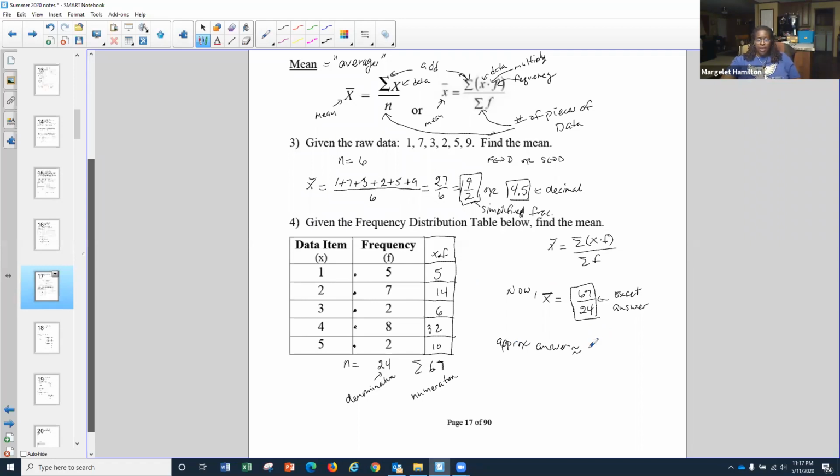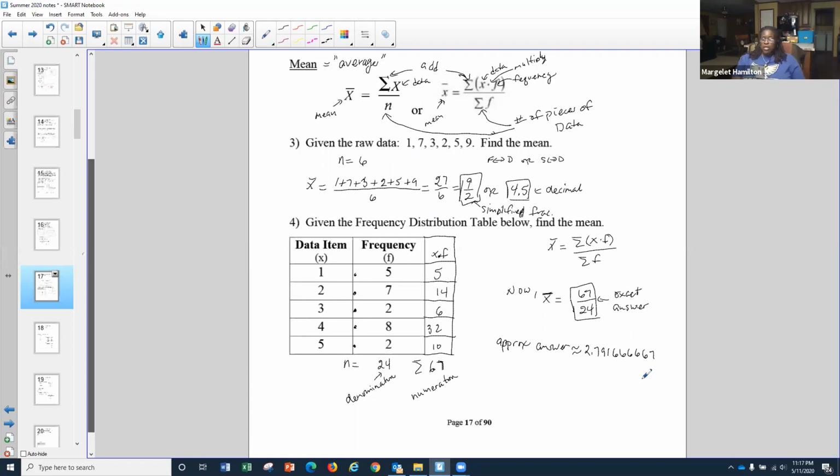And what comes out of my calculator is 2.791. And you verify with yours, 6666. I need another 6 and a 7. That big old funky decimal. All right. That's our approximate answer.